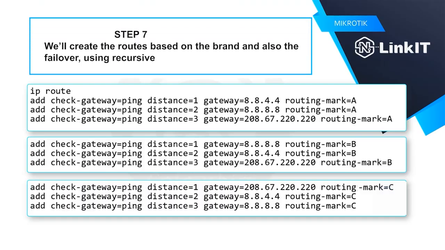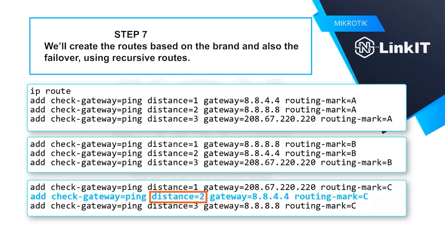Now, following our guide, we're going to create the second route with mark C, but with distance 2, taking the DNS used for provider A as the gateway.